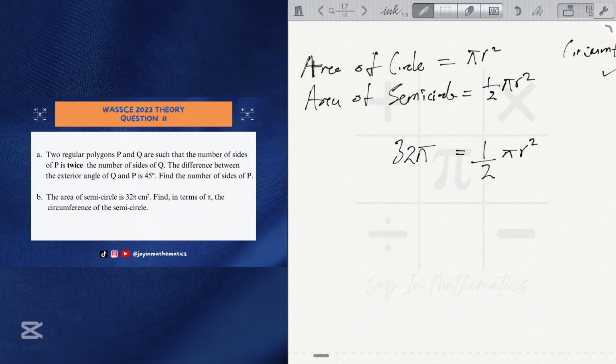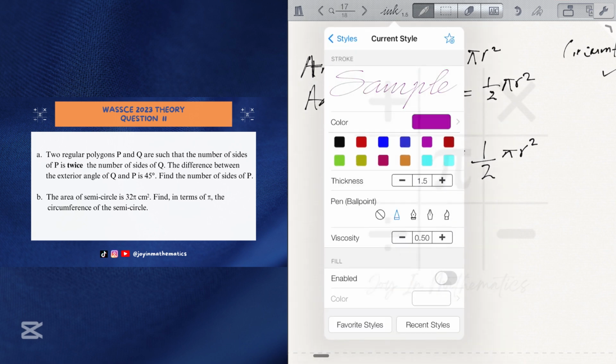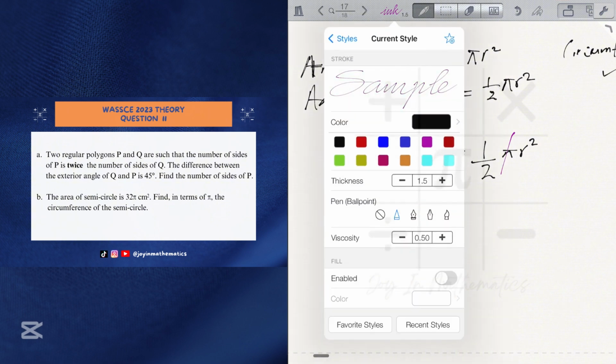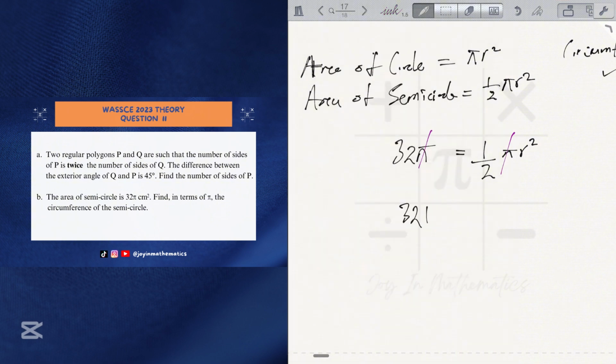Pi will nullify pi, and if we cross multiply, we will be left with 32 multiplied by 2 to be equals to r squared. 32 multiplied by 2 is 64. 64 is equals to r squared. Then r will be equals to the square root of 64. Then we have the radius to be equals to 8 centimeters.